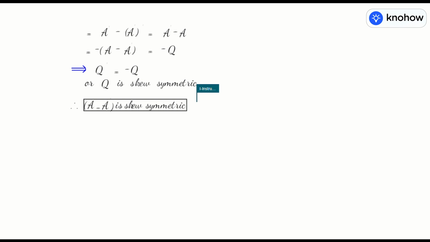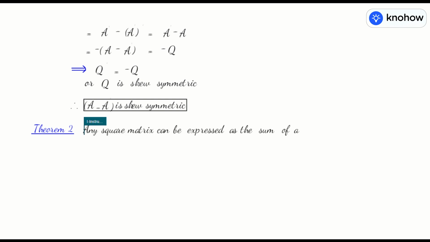Now theorem 2. Theorem 2 is again regarding a symmetric matrix and a skew symmetric matrix. Please note down, a square matrix can be expressed as the sum of a symmetric and a skew symmetric matrix.